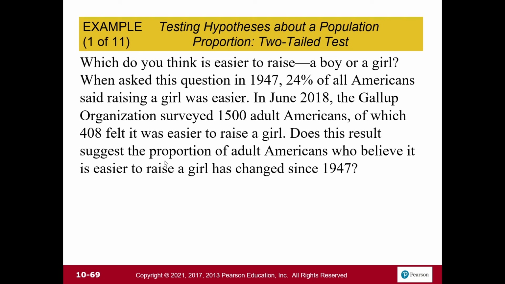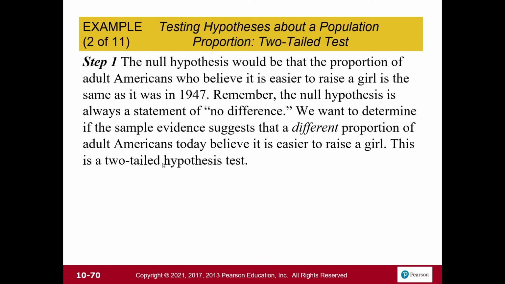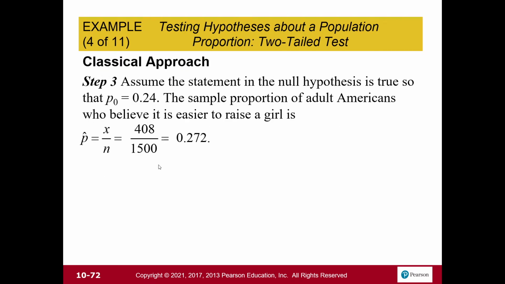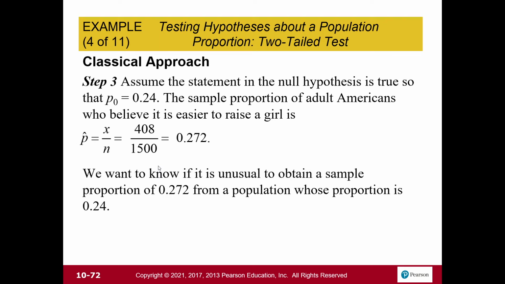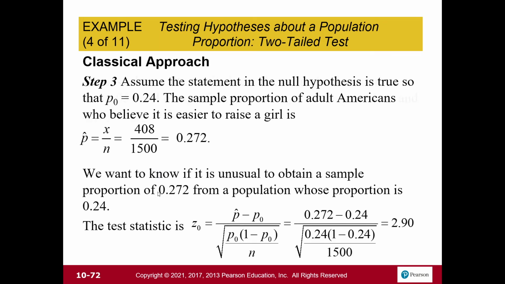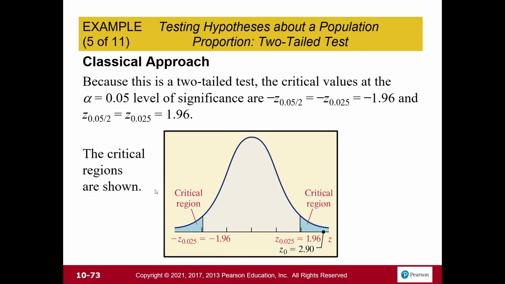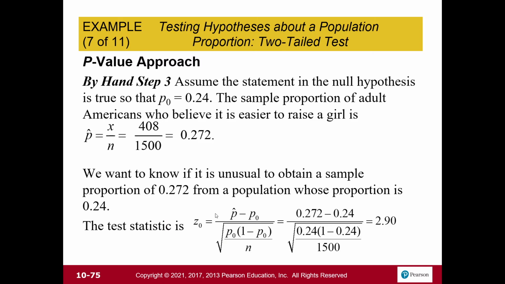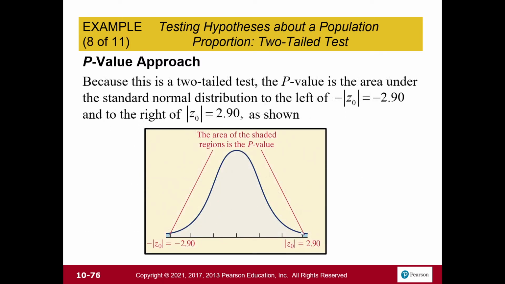Here's another case. All right, so we're just going to kind of quickly go through this. We get our proportion, we calculate our test statistic, we compare it to alpha, or we can use the p-value method, get the p-value and compare that.